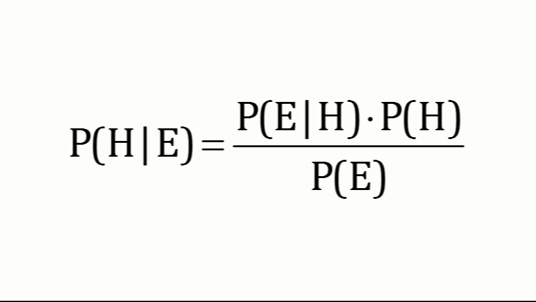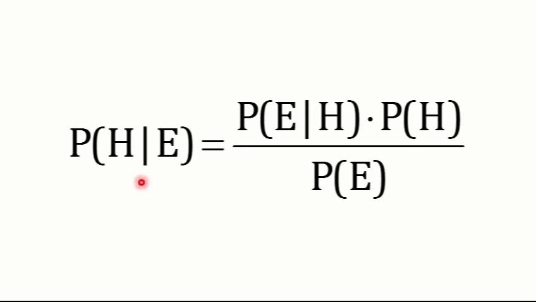Bayes' theorem is simple. H is a hypothesis, any statement about which we are interested to know whether it is true or false. E is the evidence that we use to answer that question. P stands for probability, a number that goes from 0, which means complete impossibility, there is no way that the hypothesis is true, it is certainly false, to 1, the hypothesis is certainly true, there is no way that it is false.